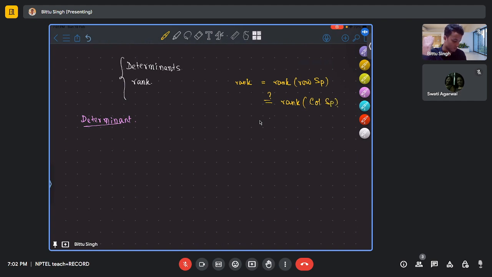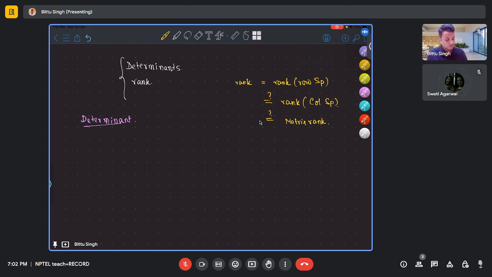There is another rank obtained from the determinant, or you can say the matrix rank. It is also the same. So why are row rank and column rank the same? That is your question.